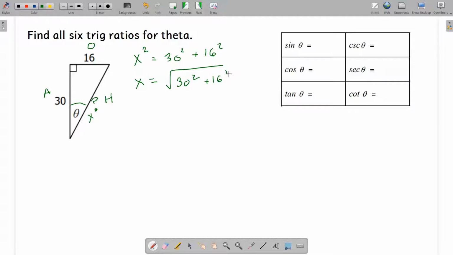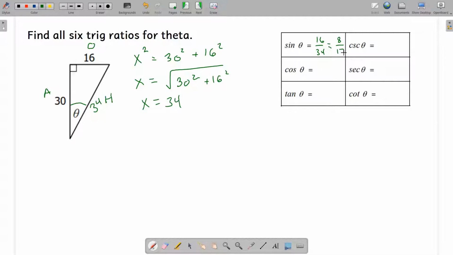So now I know that that hypotenuse is 34. So I'm going to erase this. We're going to write 34 here. That's what we are using for our hypotenuse. So now sine of theta we know is the opposite over the hypotenuse. So 16 over 34. Okay, and a lot of times you're going to be able to reduce these fractions. So whenever you can reduce, you should do that.